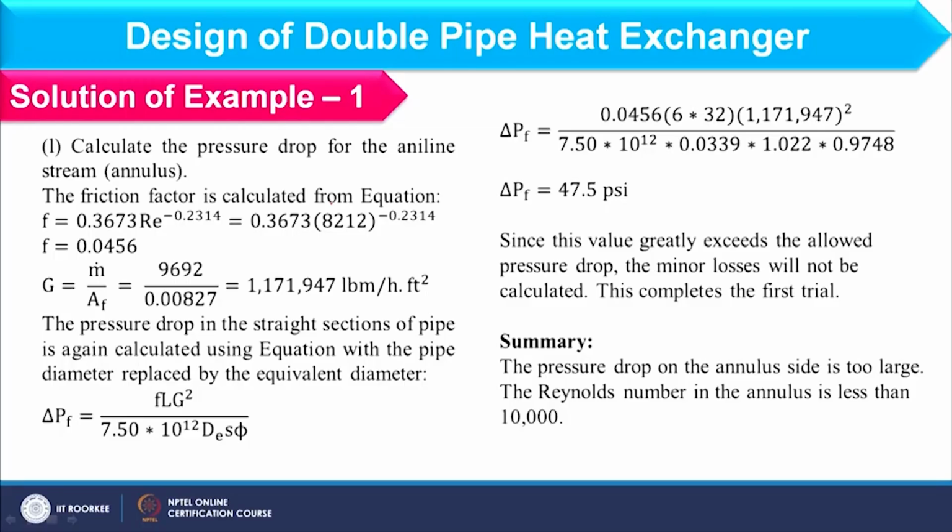So, now calculate the pressure drop of aniline which is flowing in the annular side, fine. Here we have the expression corresponding to the Reynolds number. You can find that value of F like this, okay, and further we can calculate the flow area.